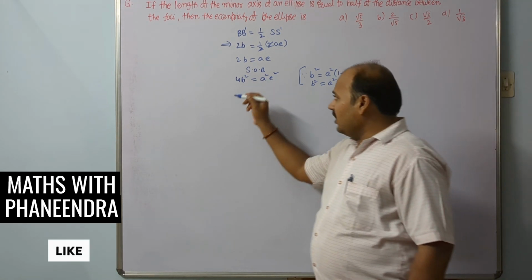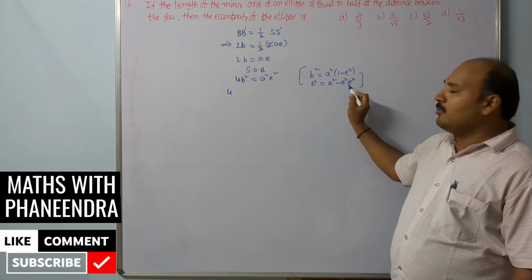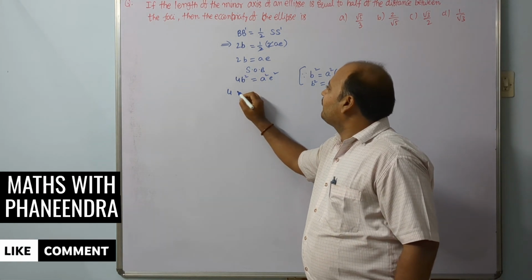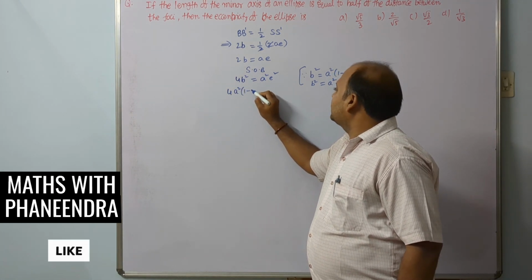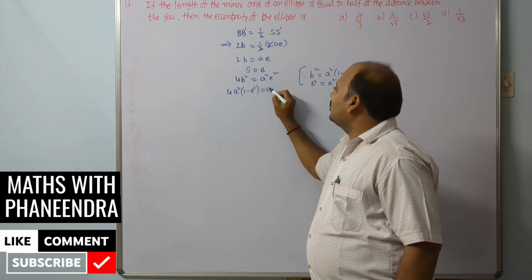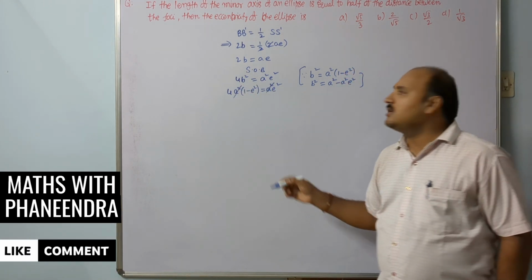Now, in place of b square, I am going to replace with this. 4 a square into 1 minus e square is equal to a square e square. Here a square gets cancelled.